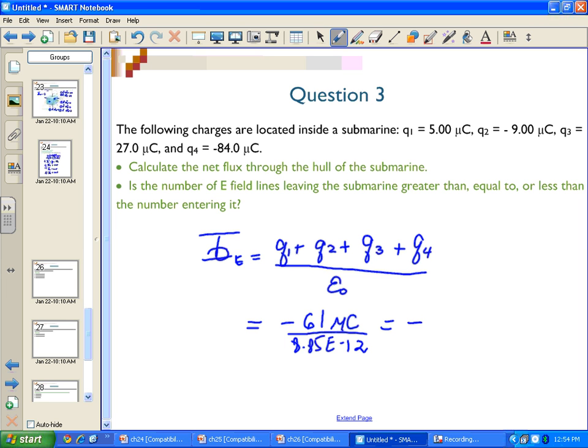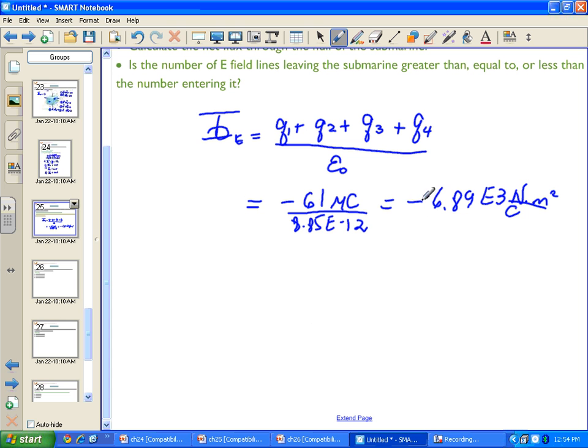And that gives us a value of flux, which is negative 6.89 e to the 3 Newton meter squared over Coulomb.